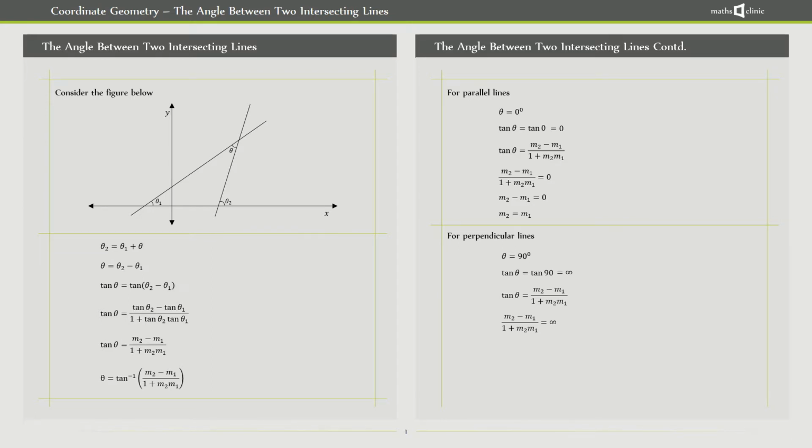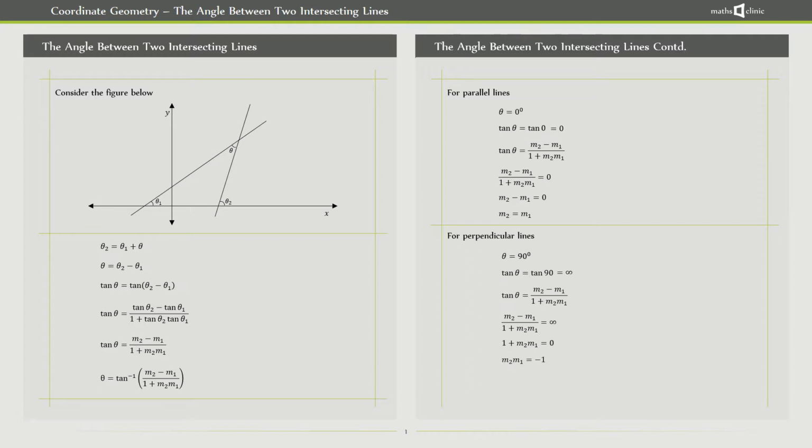If you divide any number, let's say 1000 by 0, you would get infinity. If you divide 0.1 by 0, you would arrive at infinity. So what this implies is that our denominator equals 0, because we're dividing by 1 + m2 m1, and this says that 1 plus m2 m1 equals 0.